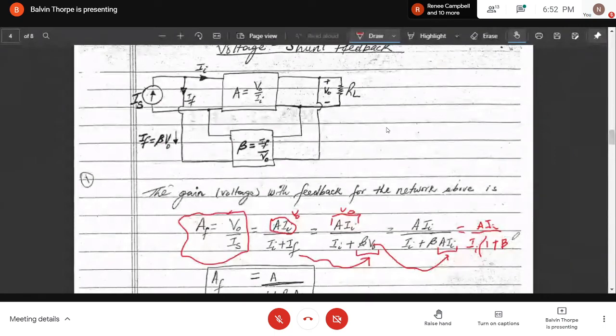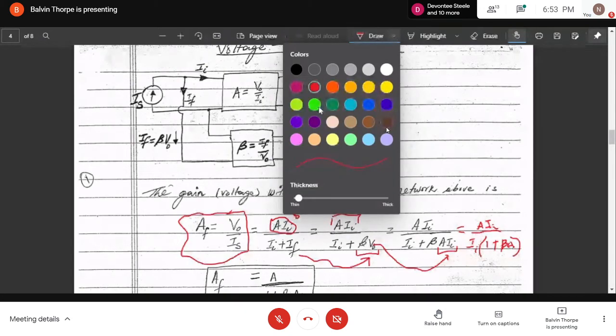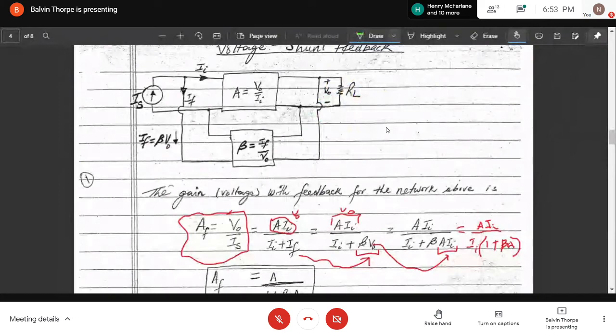AI over II, factor II out of II into 1 plus what? Beta times A. Beautiful.